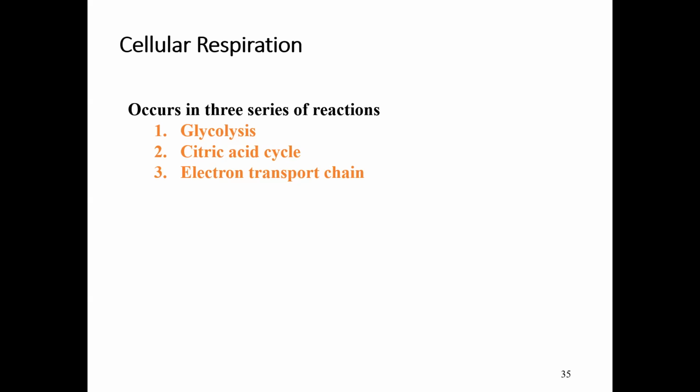We break the covalent bonds, and we take the potential energy from those electrons and use it. This first process is known as glycolysis. We don't break a lot of bonds here. We don't steal a lot of electrons, but we take some, and we get some of the potential energy. Remember that.